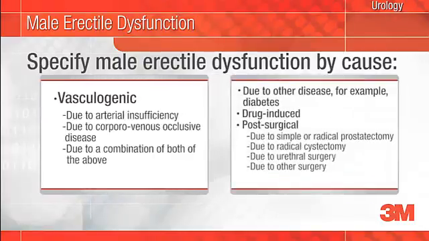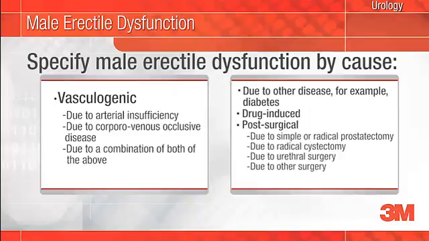Other causes specifically identified in ICD-10 include due to other diseases such as diabetes, drug-induced, and post-surgical. When due to previous surgery, identify the type of surgery such as simple or radical prostatectomy.